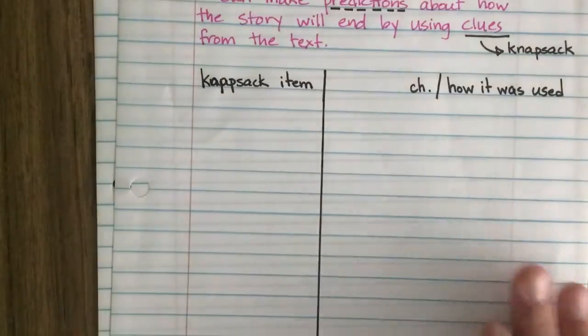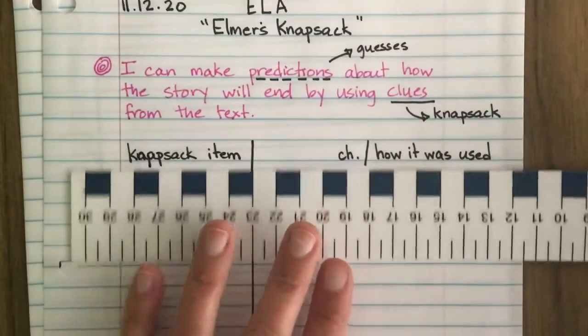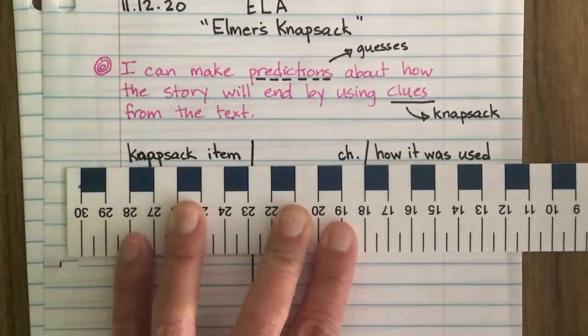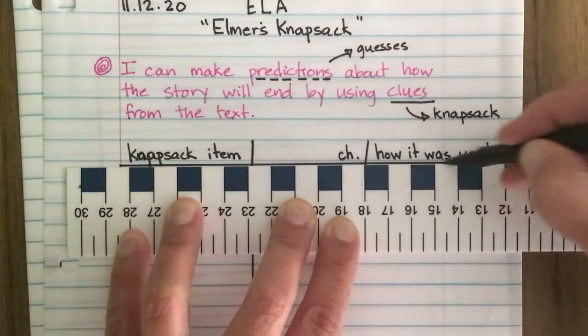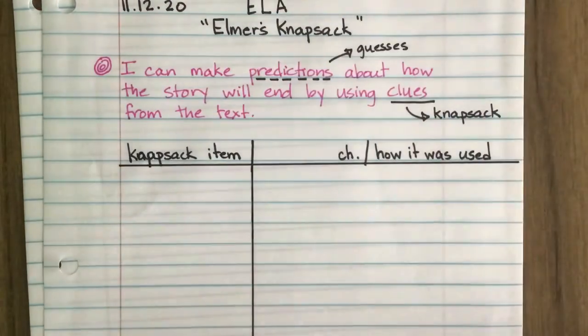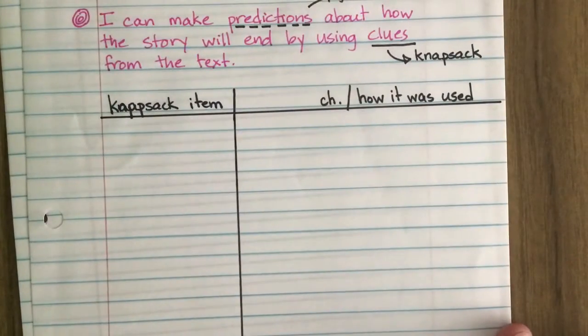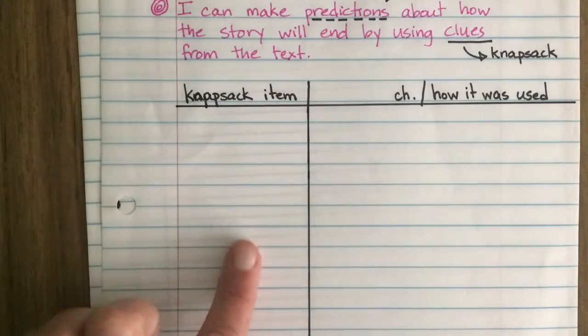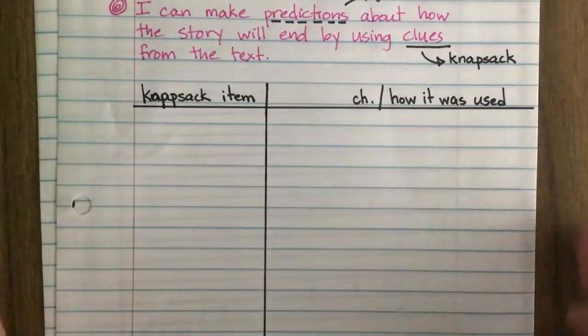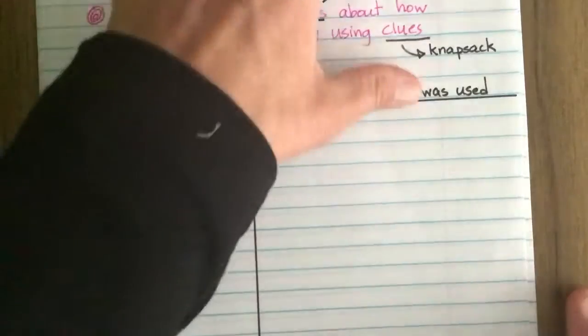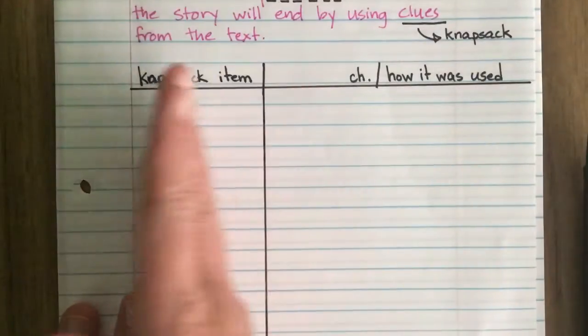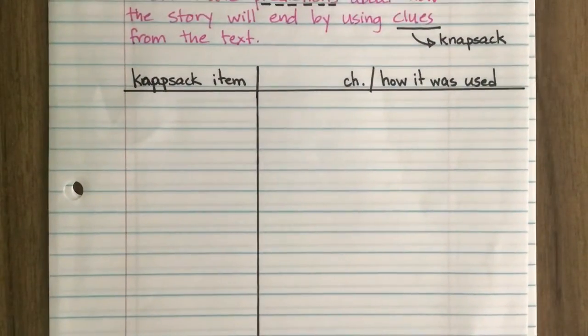On one side, we're going to list the item, what it was in his knapsack, and then on the other side, we're going to talk about how he used it. See how I have a little bit less space on this side than this side? So go ahead and set up, it's kind of like a T-chart, but the T's scooted way over. I'll put it all the way down to the bottom. So go ahead and set yours up.